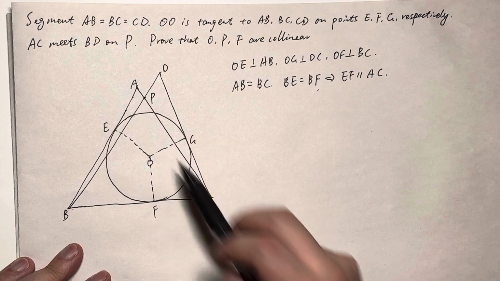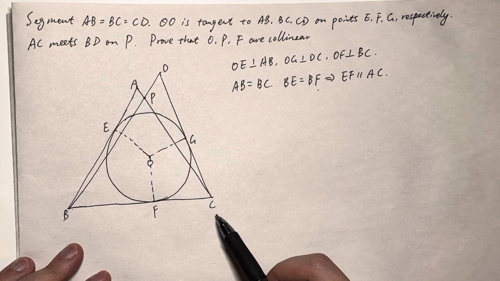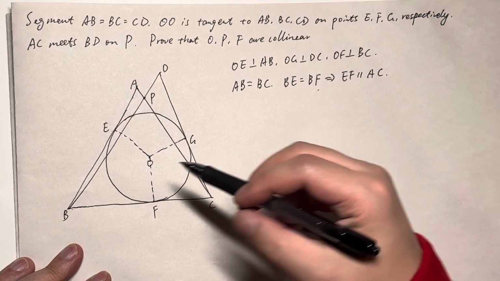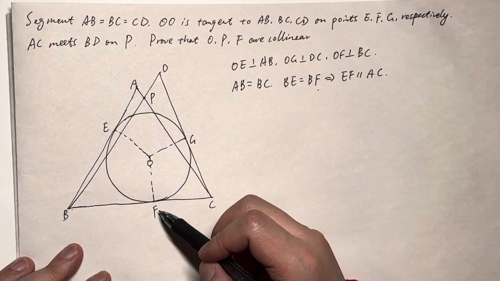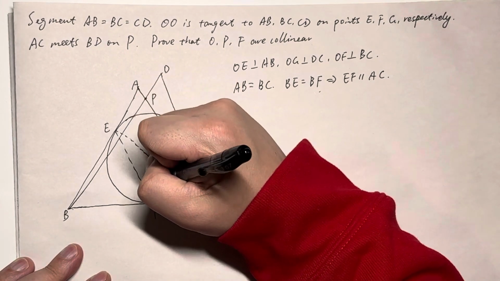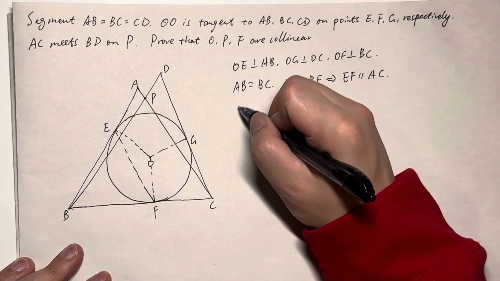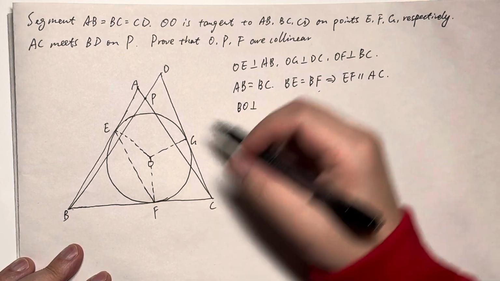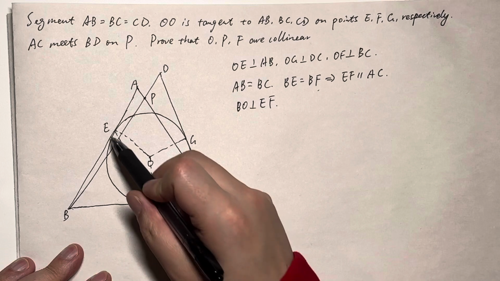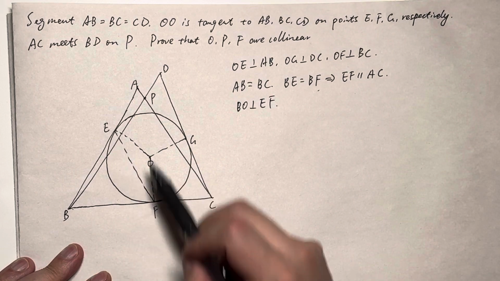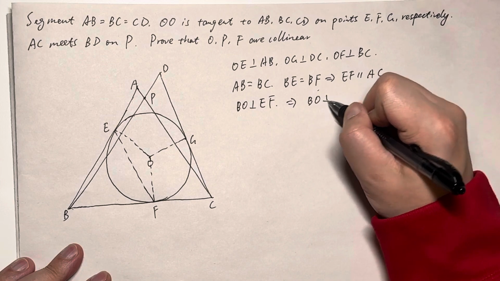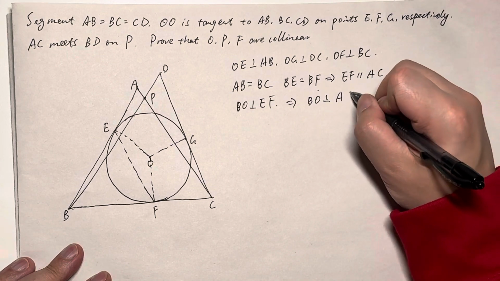That means EF is parallel to AC. And we already know that BE, BF are the tangent lines to the circle O. So BO is perpendicular to EF, right? BO is perpendicular to EF. And EF is parallel to AC, so we know that BO is perpendicular to AC.